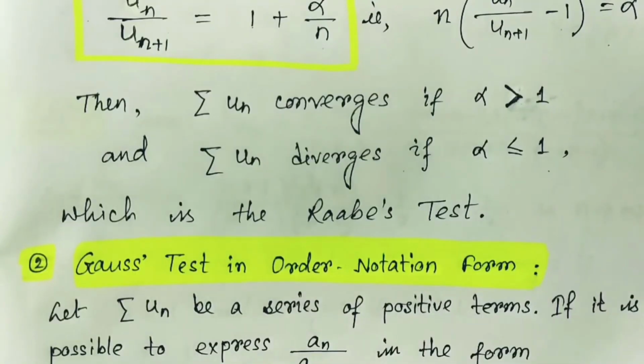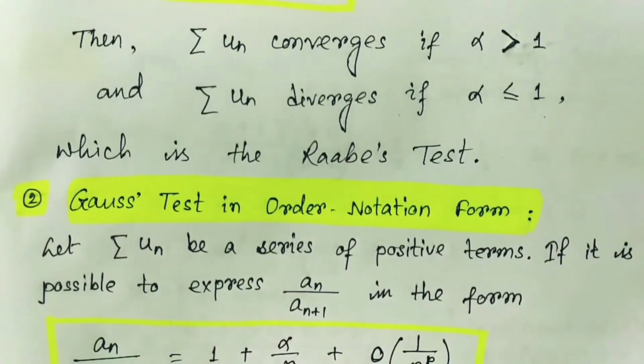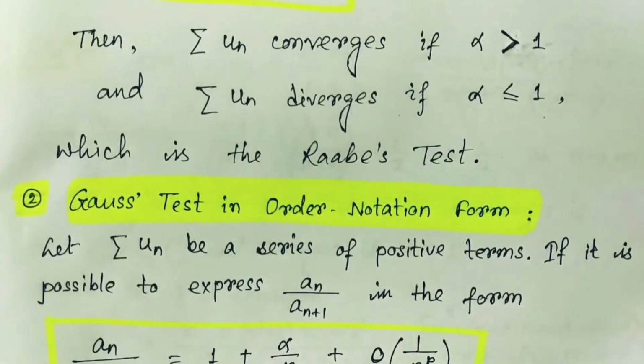Another form of this Gauss test is there. That form is again a very important form for the Gauss test. That is the order notation form. So what is this order notation form?